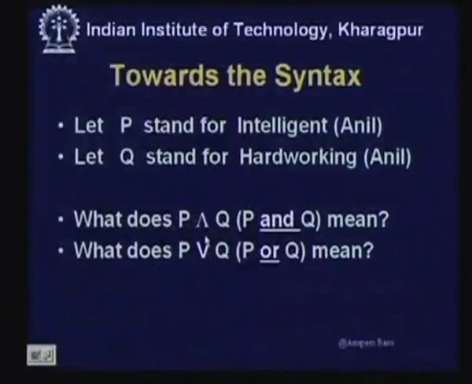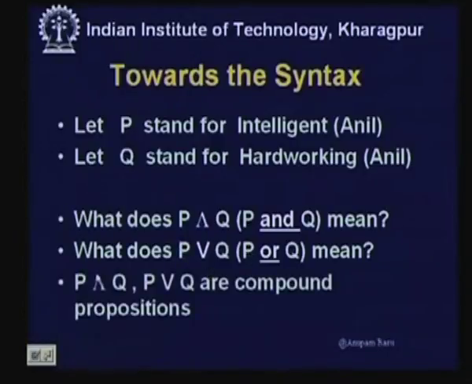Similarly, this symbol means P or Q. What does P or Q mean? This is again another proposition, P or Q. This means that when either P is true or Q is true, any one of them, then this proposition P or Q will be true. So, P and Q, P or Q are examples of compound propositions.